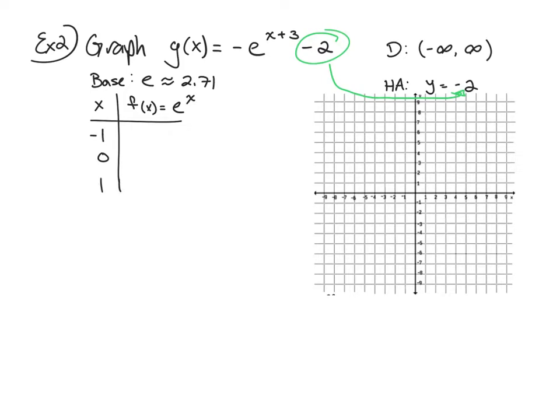We are not using 2.71 in our table. We have to use e in our table, and e over here in our graph, so we can tell people where the points are. Luckily, if we still substitute 0 in for x, we get 1. If we substitute 1 in for x, e to the 1 power is e. The reciprocal of this is 1 over e.